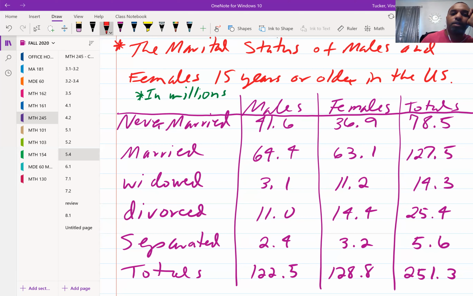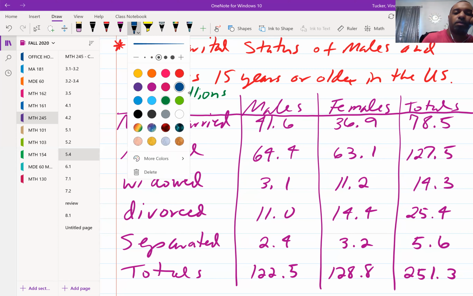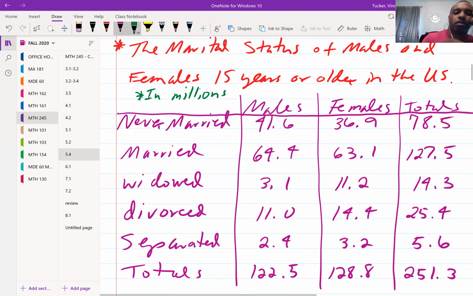And it is in millions. So you have never married, married, widowed, divorced, separated on the left. Then on the top, you see males, females, and then our totals.